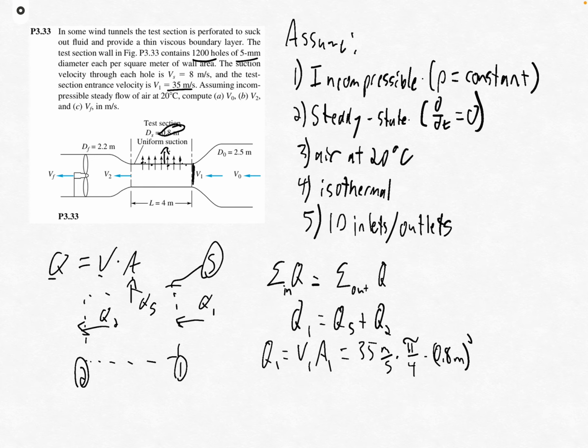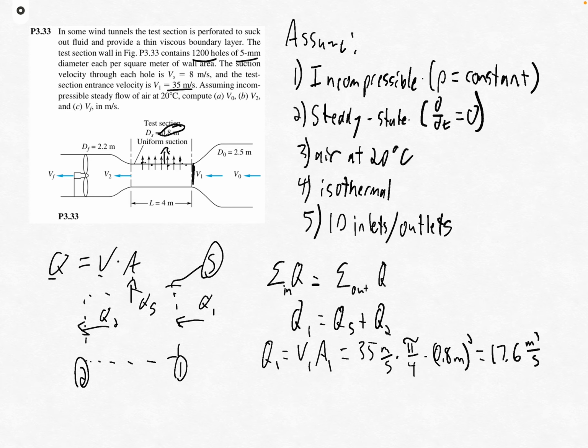Plugging this in, Q1 is equal to 35 times pi over 4 times 0.8 squared. So we're going to get 17.6 meters cubed per second. So that gives us one of the flow rates that we need to know in this problem.